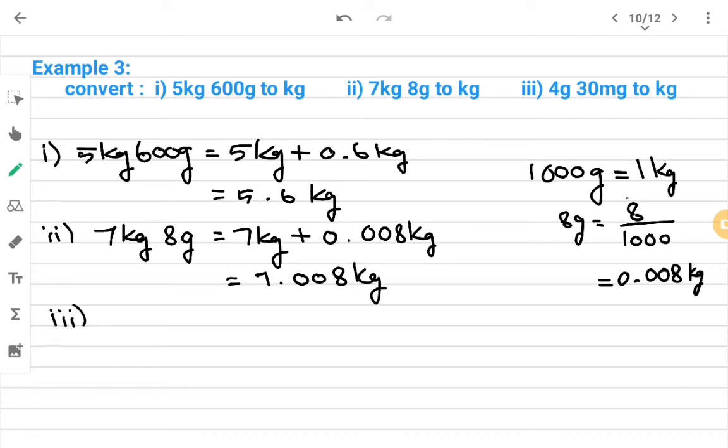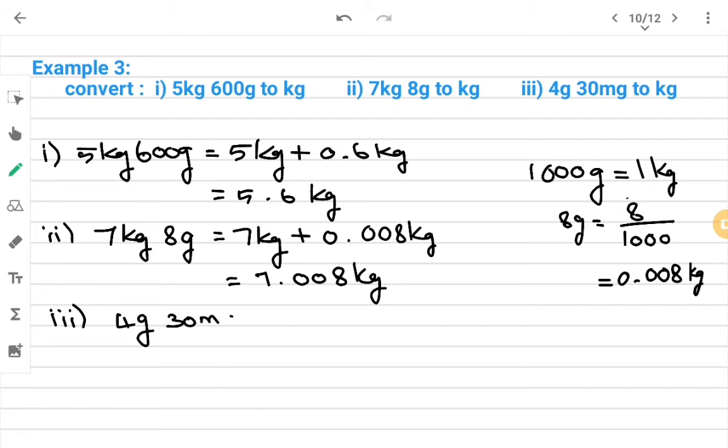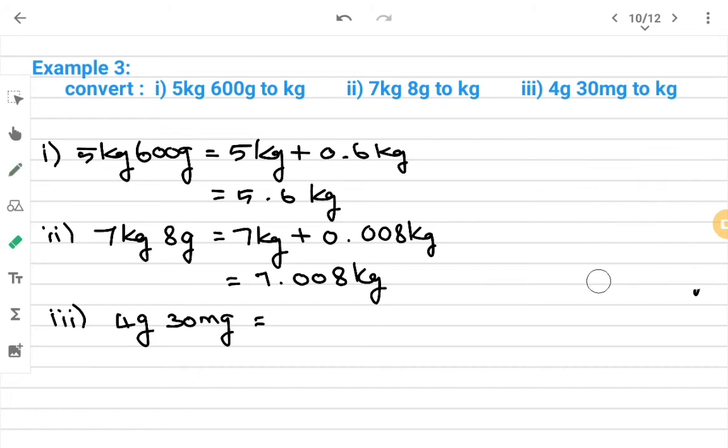And the third subdivision. What is the third subdivision? 4 gram 30 milligram. We are going to convert this to gram. Sorry, here we need to convert the milligram to gram. 1000 milligram is equal to 1 gram.